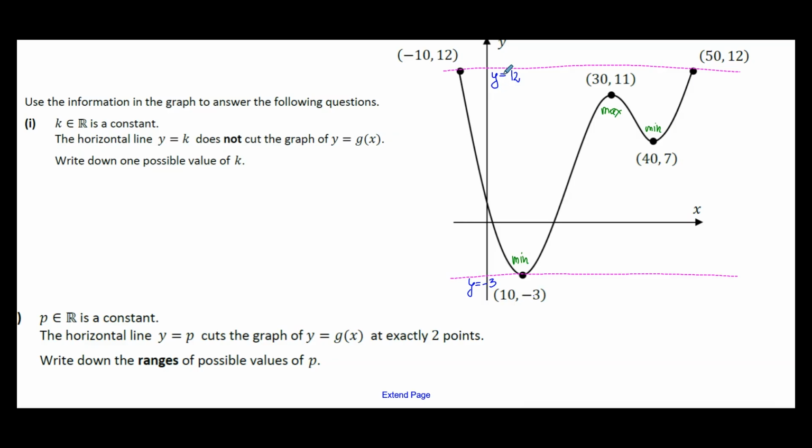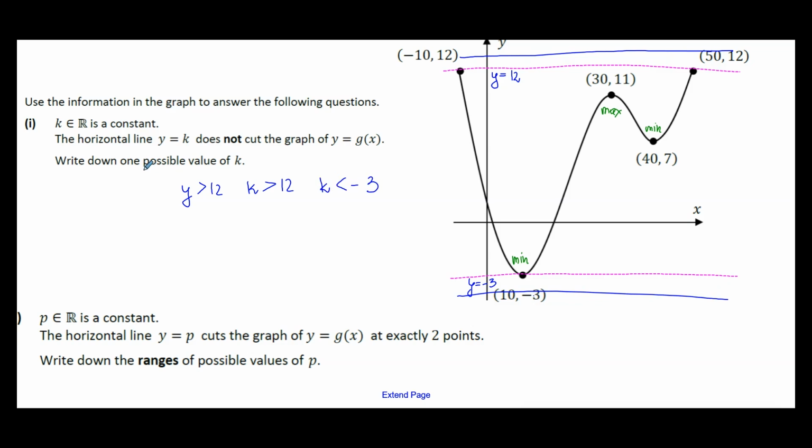If I want to draw that horizontal line, it either has to be above 12. So y has to be greater than 12, or in this case, k has to be greater than 12, or it has to be below minus 3, so k has to be less than minus 3.